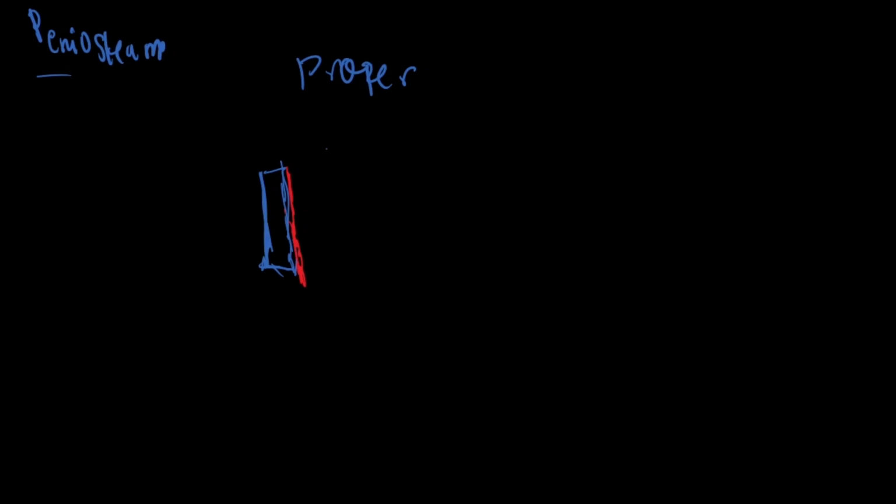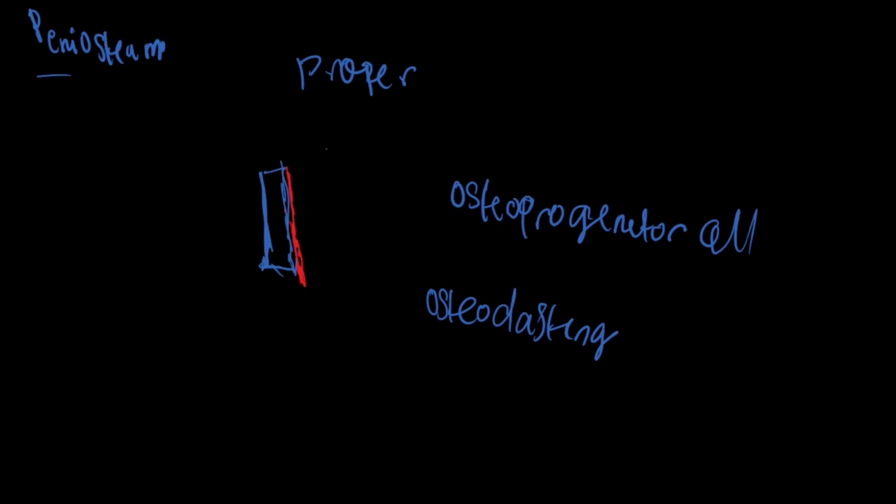The inner layer of the periosteum contains osteoprogenitor cells, which are simply primitive stem cells that would go on to form actual bone cells. It also has bone destroying cells called osteoclasts and bone forming cells, osteoblasts.